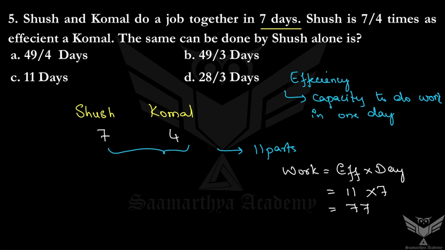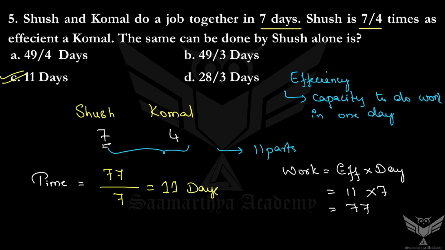And Sush is having efficiency of 7 parts. Now the time taken by Sush is total work, that is 77, divided by 1 day work 7, which is equal to 11. Now what we did here: their efficiency is 7 by 4.